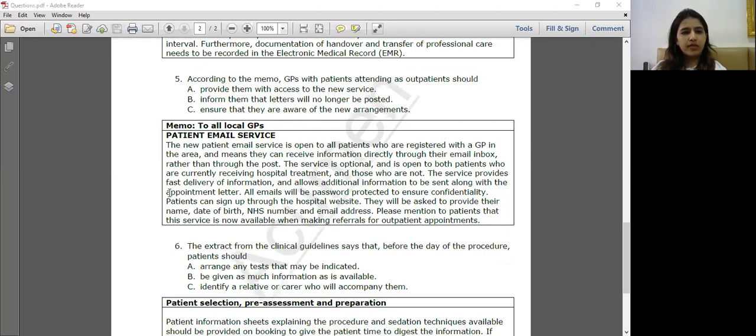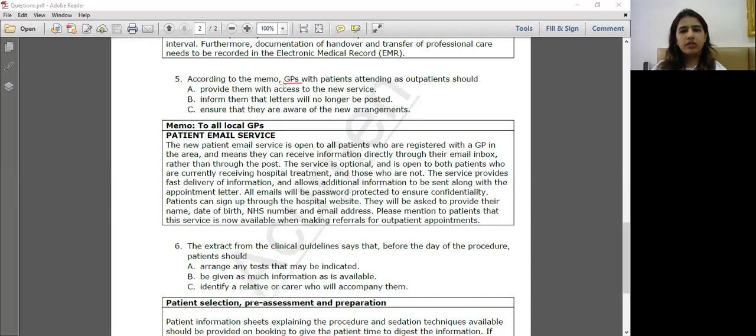So for the fifth one, a lot of you have chosen A and one or two of you have chosen C. Let's see. I would re-emphasize the importance of identifying the focus of the question.